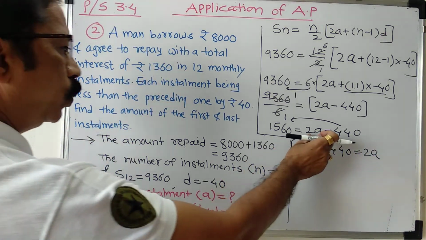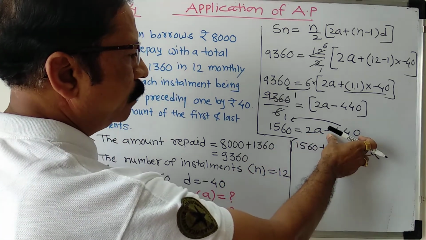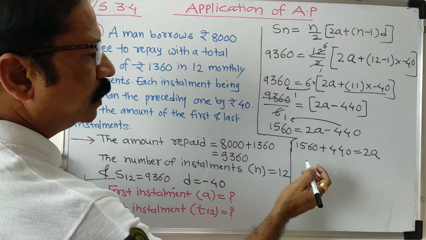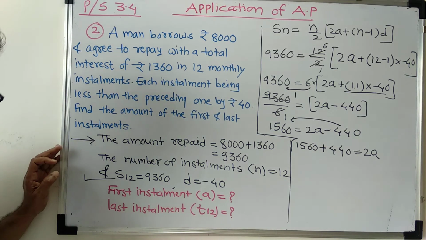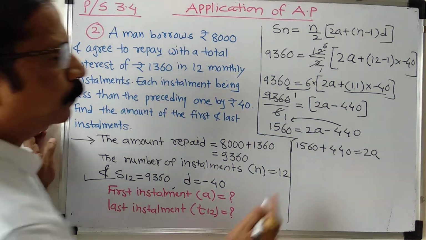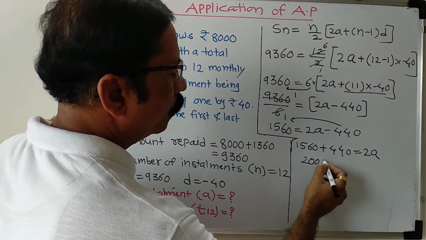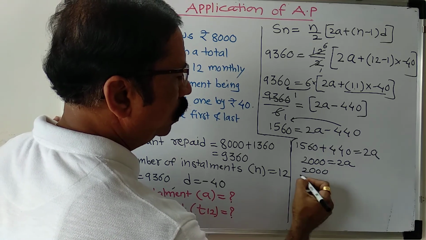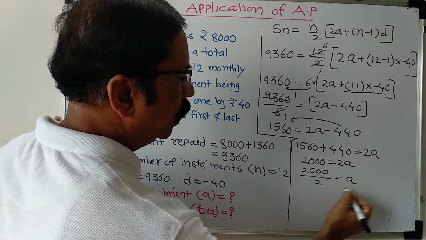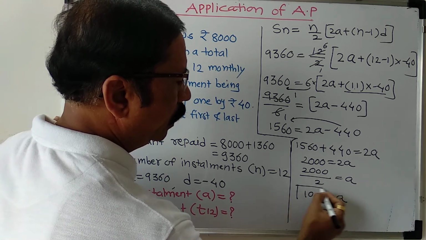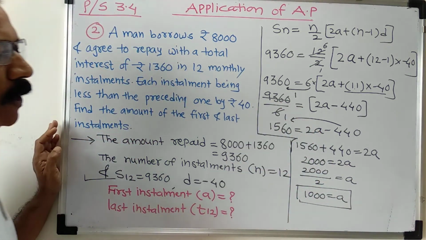I kept 2a on the RHS and shifted minus 440 here, it becomes plus. So 1560 plus 440 gives you 2000, which is equal to 2a. So 2000 upon 2 is equal to a. After simplification, you will get a is equal to 1000.